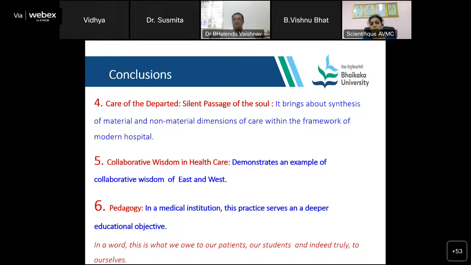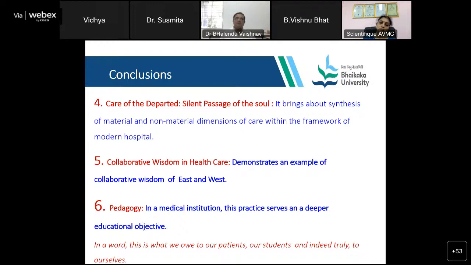This is very important. We have non-material dimensions in temples, at our home, and we have material dimensions in the hospital. Now this quote Krishna will bring about both within the framework of the modern hospital. Everybody will watch.